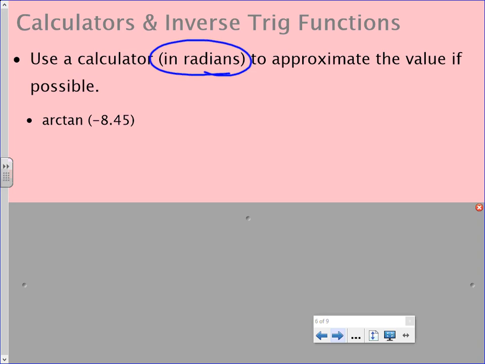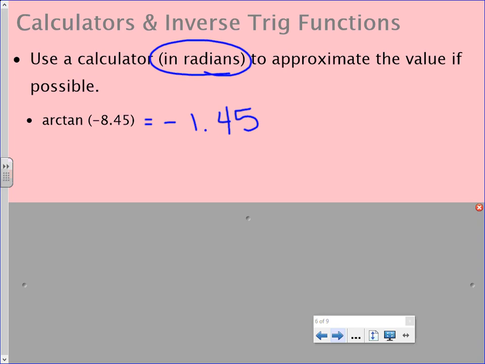What do we get? Negative 1.45. What I really need you to keep in mind is that the input to an inverse trig function is some sort of ratio. Sometimes it looks like a fraction, sometimes it looks like a decimal. The output is an angle.